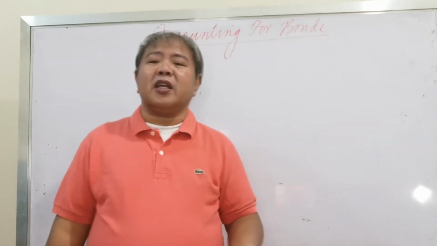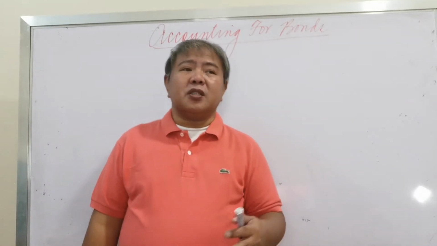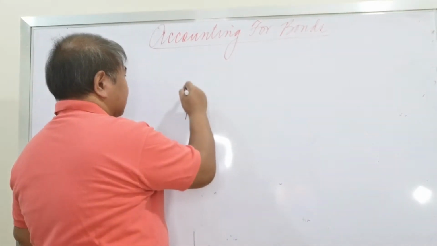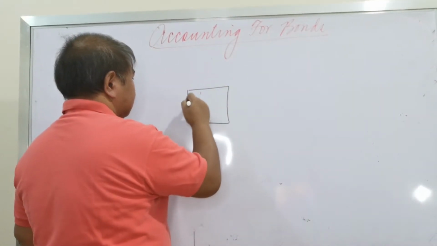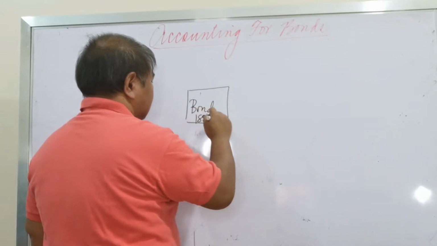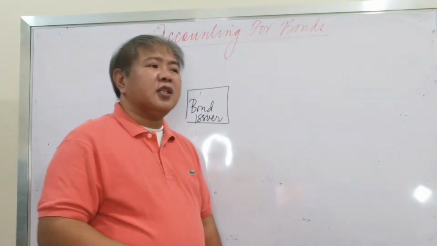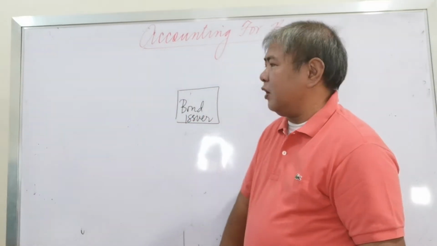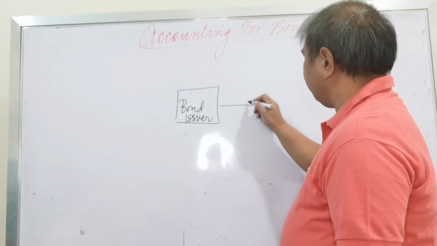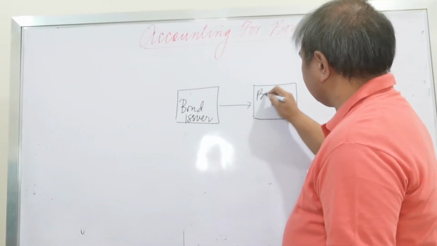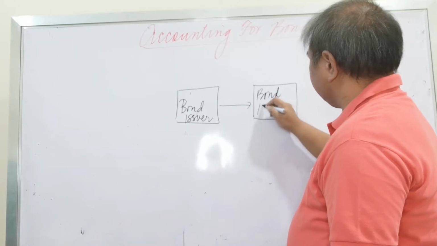Now, what is a bond? Just like a promissory note, a bond is a formal document or instrument, whereby the parties to the bond, which is the bond issuer, is in need of money and is looking for investors in terms of bonds. So therefore, there's another party called the bondholder or the bond investor.